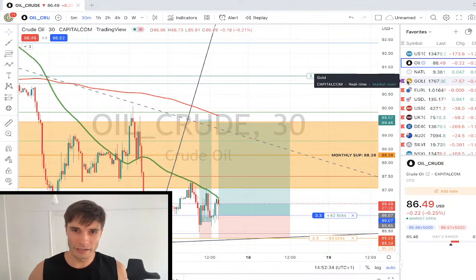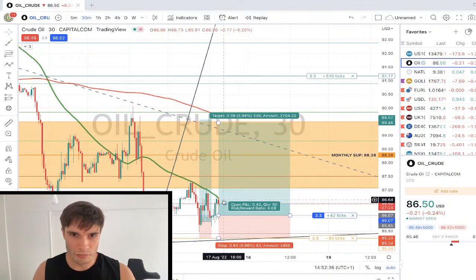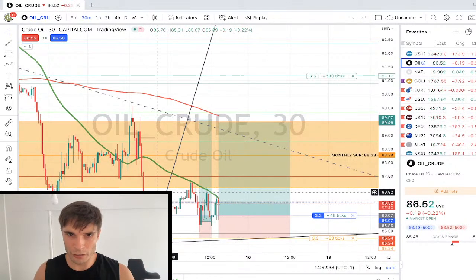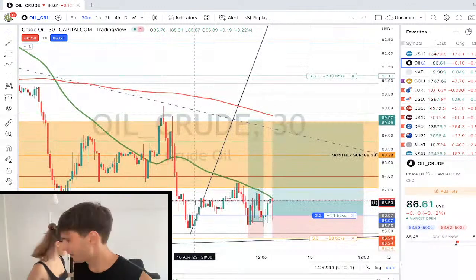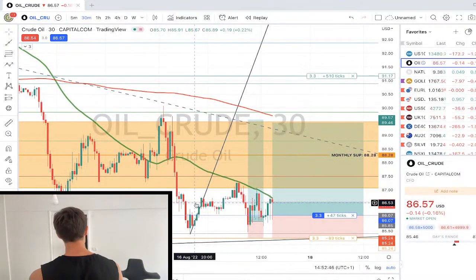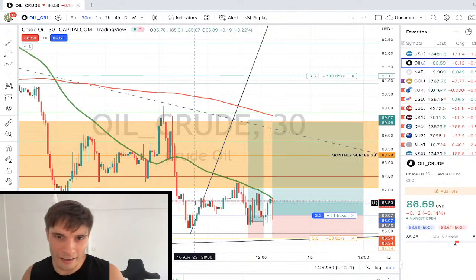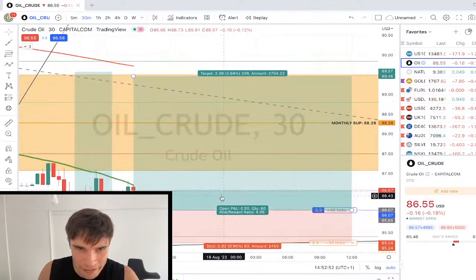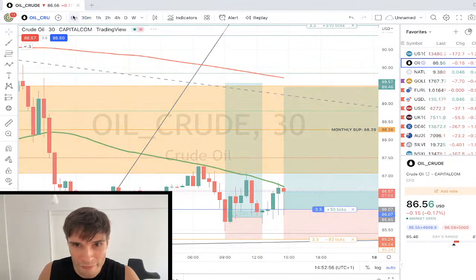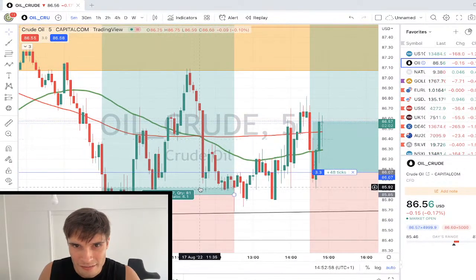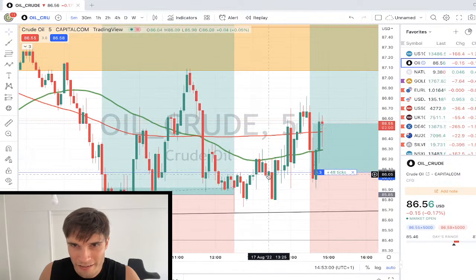All right, so I could actually set a break even soon on my oil trade, because oil looks like it's picked the direction to the upside, if you just take a look. If you look at this zone here, we've been in this zone so much. If we go to the 5-minute chart, we've been trading in this zone for so long.